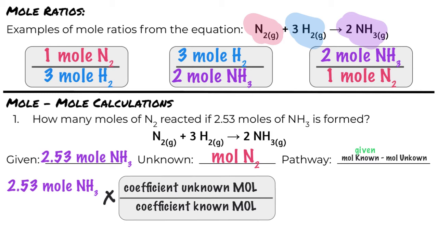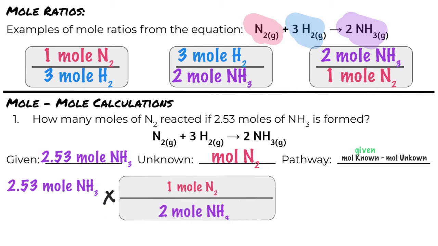So our known is our NH3, so the coefficient on NH3 is 2. So I have 2 moles of NH3. On the top, I'm going to put my coefficient with my unknown moles. So that is going to be my 1 mole of N2. And our math is the same as always. 2.53 times the 1 divided by the 2.